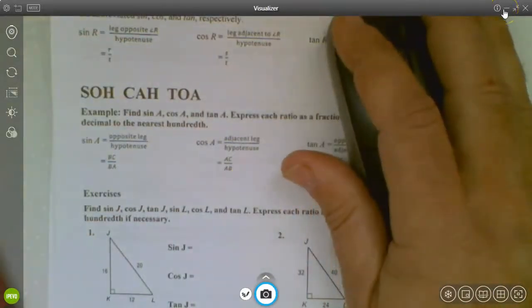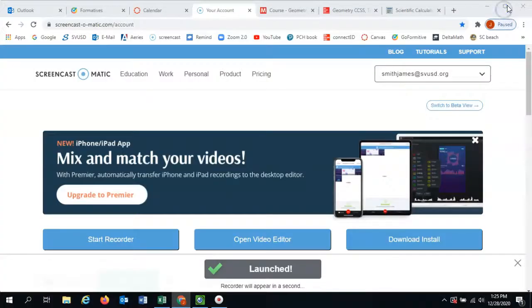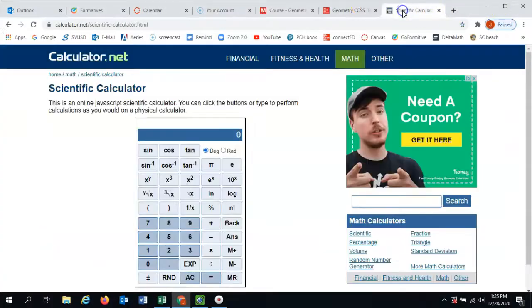I just went to calculator.net, and right here I have a very basic scientific calculator that can do these trig functions. So real simple. You can always find one of those online if you don't have one handy.